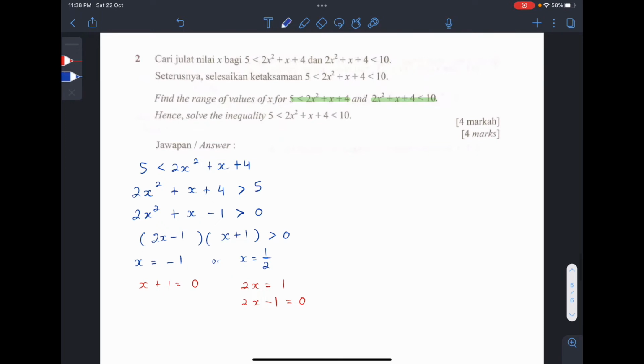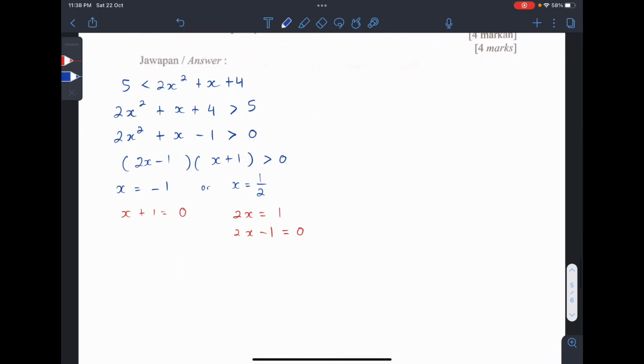Now, what happens next? I need to get my range. So, draw a line. Check your quadratic equation, check the A value. Is it positive or is it negative? It's a positive 2. So positive 2 just means that you should have a smiley face graph. Okay, so I have my smiley face graph. It says more than 0.